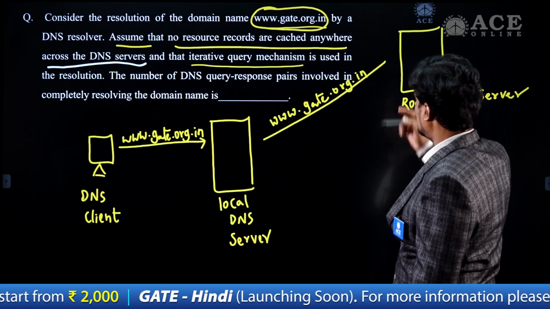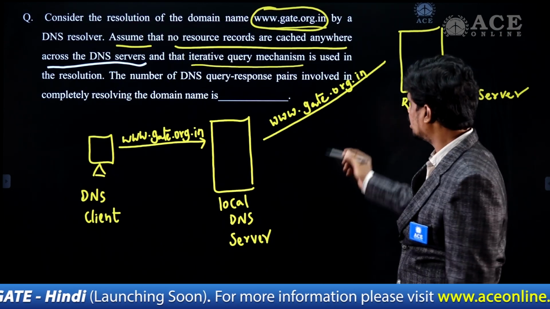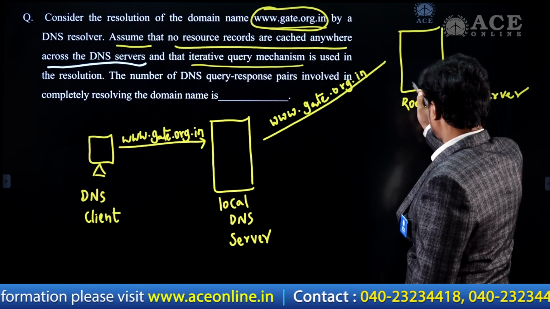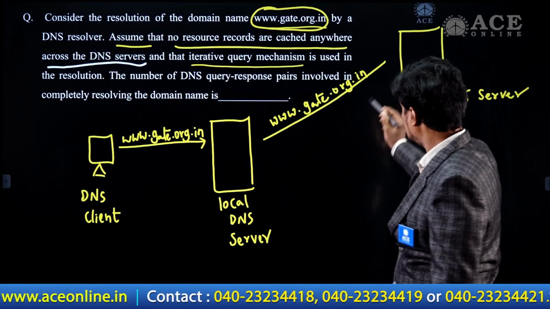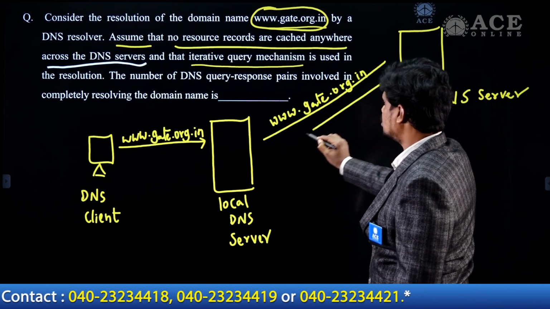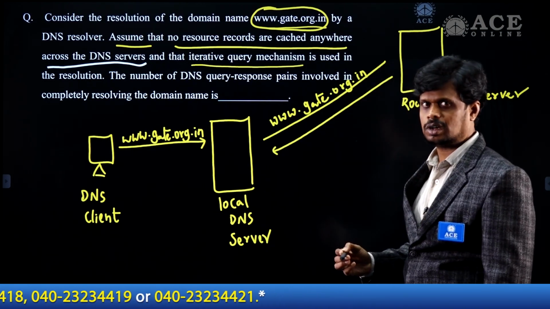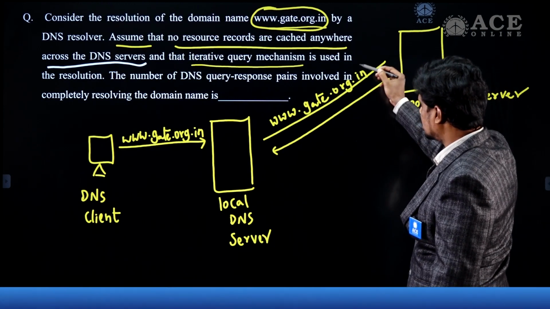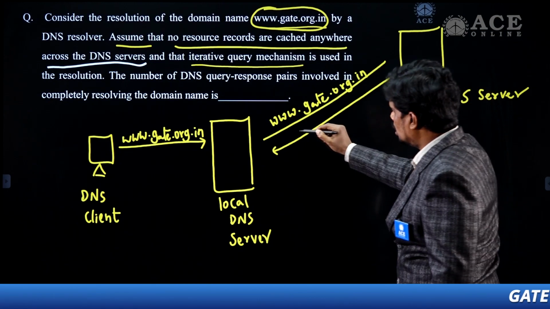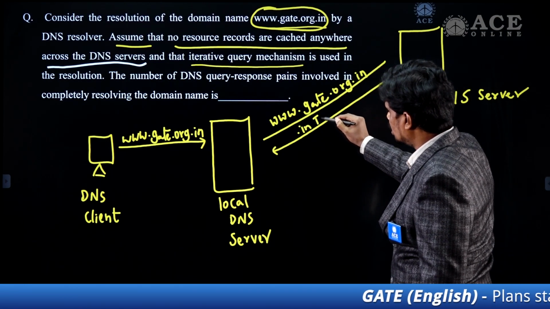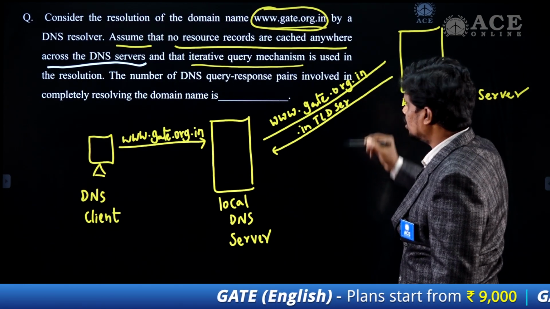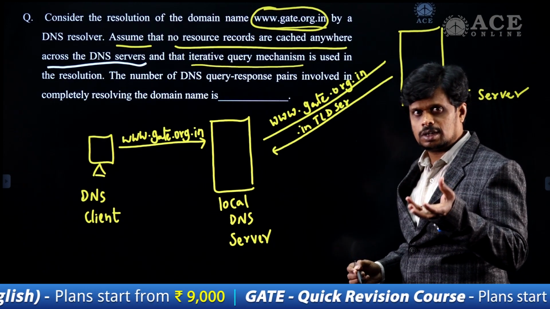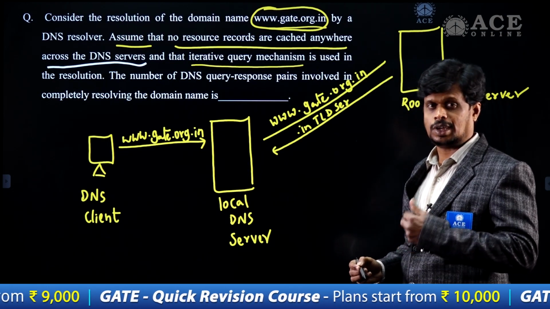But this root DNS server does not have the IP address of this particular URL address. Then what will it do? This root DNS server can send the reference address of a TLD server. So what is the TLD server here? Let's say the .in TLD server. TLD servers have some classifications, like country TLD servers and generic TLD servers.